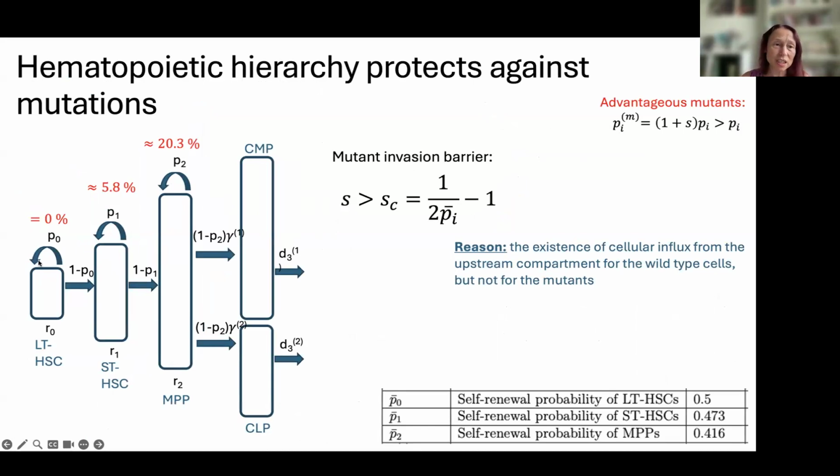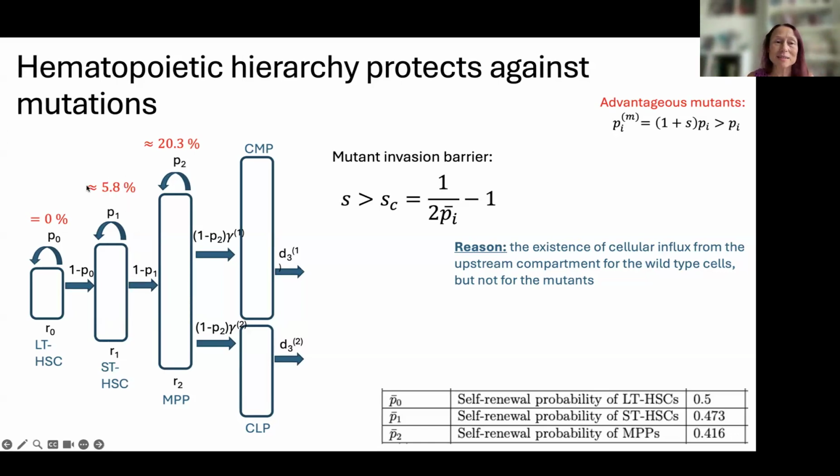If you put the mutant here, there is no barrier. But if you put it here originally, the barrier is 5.8%. The mutant has to be more than 5% fitter than the wild type. And actually, in evolutionary biology, a 5% fitness advantage is huge. Over the years, in the evolutionary timescales, a fitness advantage of 0.01% is something that is very significant and will grow over the years, right?